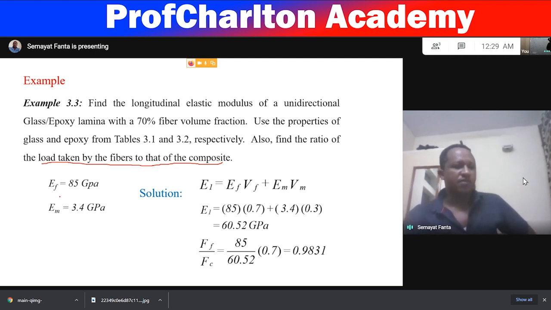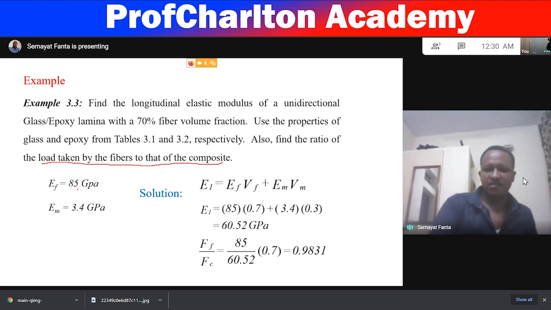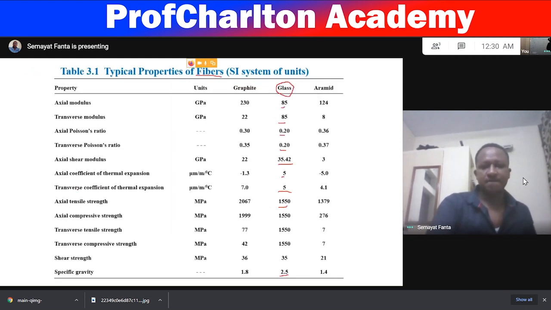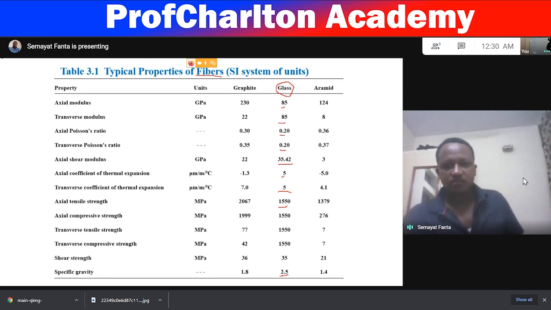So the fiber modulus is 85 gigapascal, and the matrix is the epoxy matrix, 3.0 gigapascal. This is for glass material. So we can go back and refer to the table. Epoxy, this is fiber.